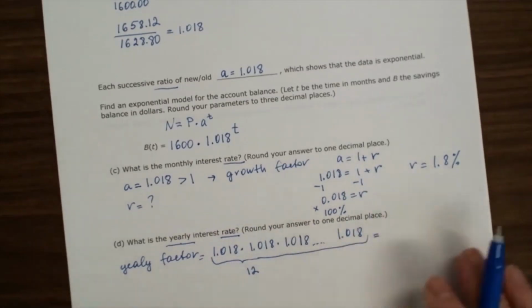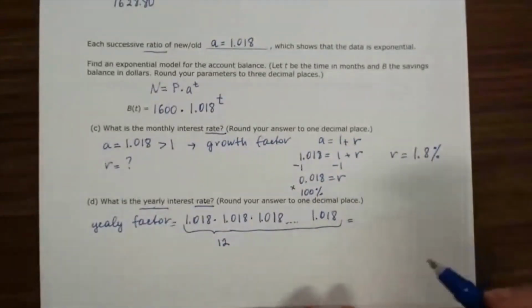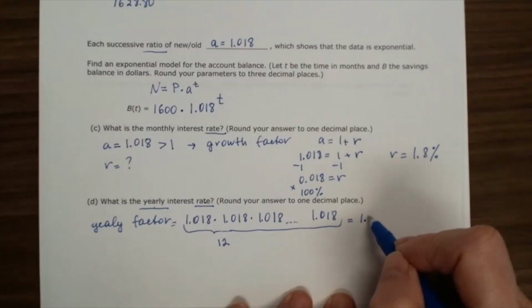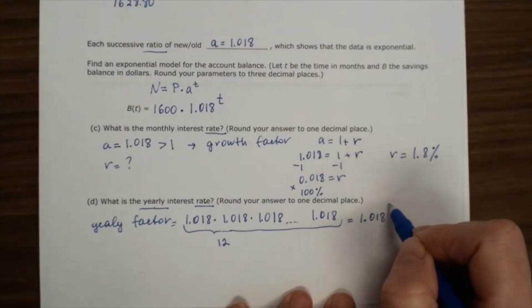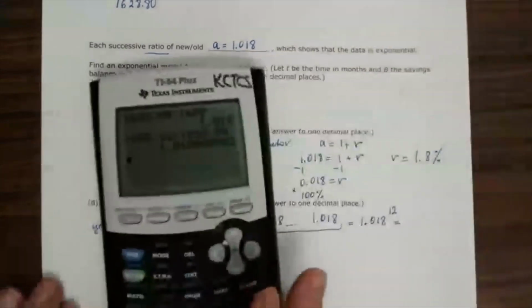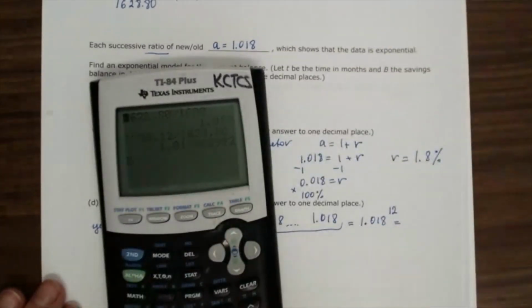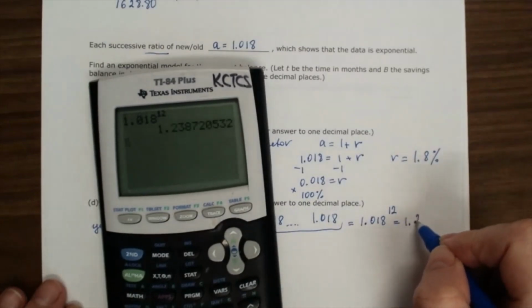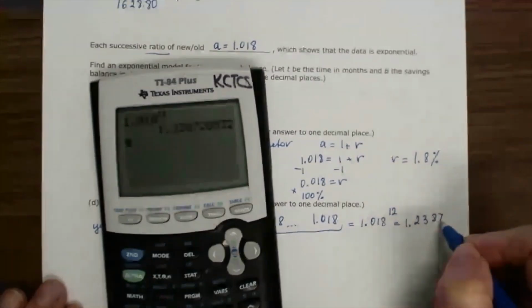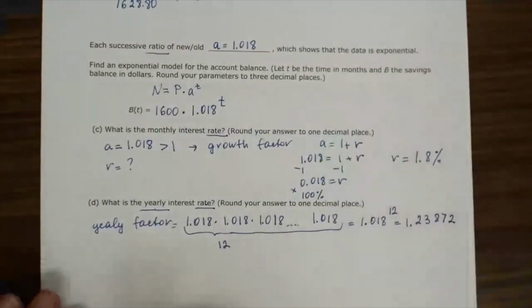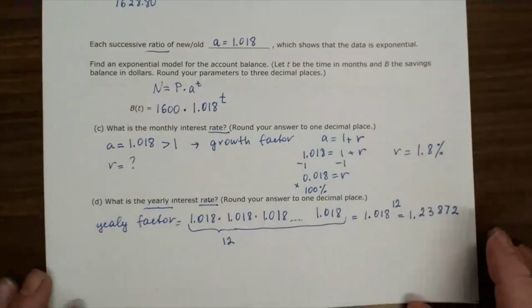I am not going to type this multiplication on my calculator because I will simplify. It will be 1.018 to the 12th power. Now I can calculate, and it will be 1.23872. This is my yearly factor.